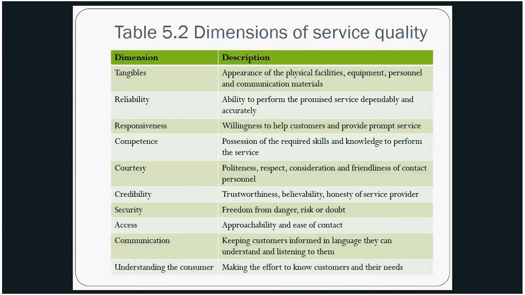So we can look at service quality, whether it's the tangibility of it, the reliability of it, responsiveness, competence, courtesy, credibility, security, access, communication, understanding the consumer. We look at these different areas of service quality and dimensions that we have in order to guarantee a certain standard that we want: security in our facility so people can relax, that we want reliable in terms of going to the facility and everything being clean and being welcomed and buying a hot dog and having it the same style and same quality.